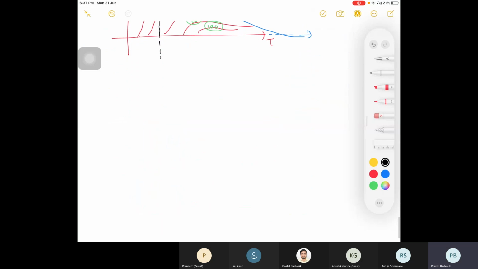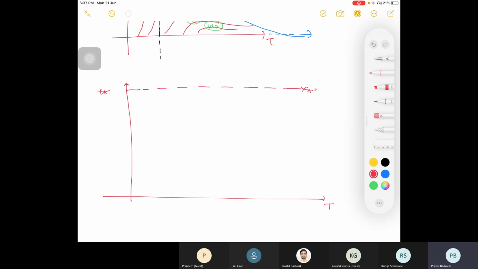So I'll write: this is your whole curve, this is your temperature, this is your XC, we are having XA maximum, that is 1. You are having this curve and you will be having this curve. This is for your exothermic reaction, this is for your endothermic reaction.